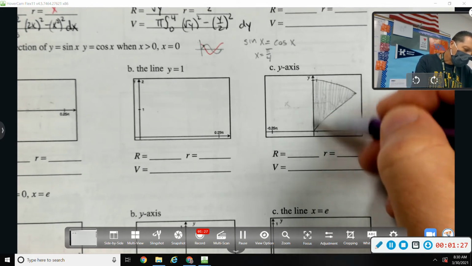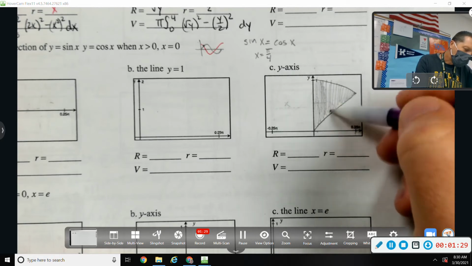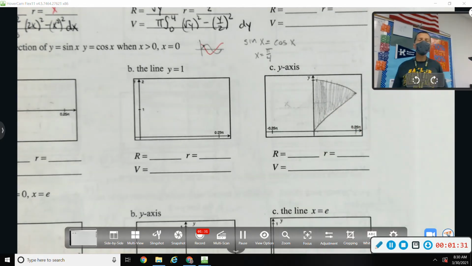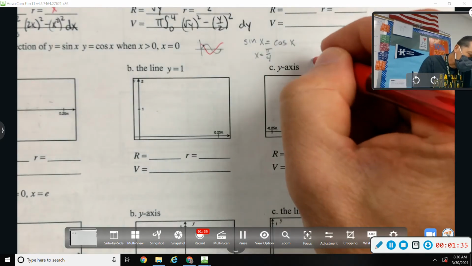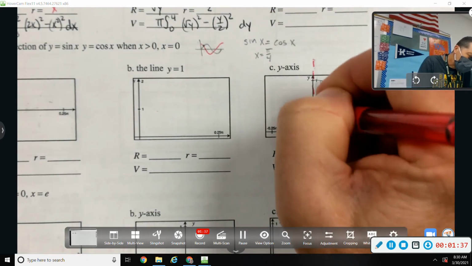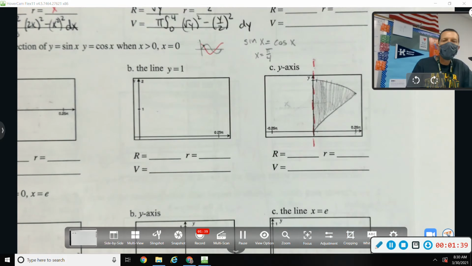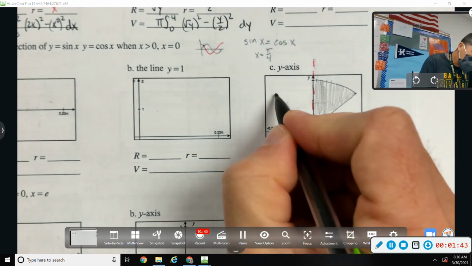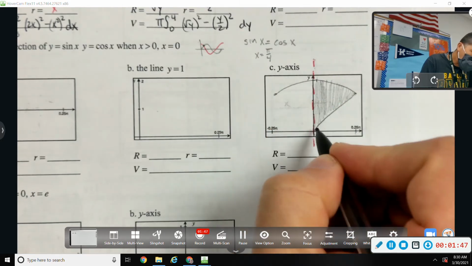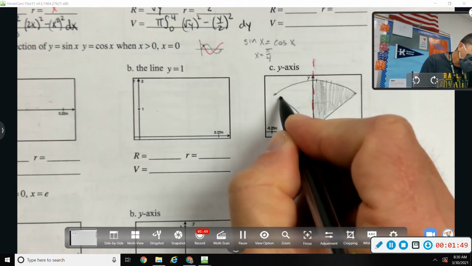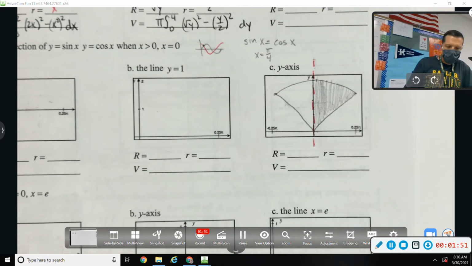So there's our starting area. And we want to rotate that around the y-axis. So let's mirror it across, like that.